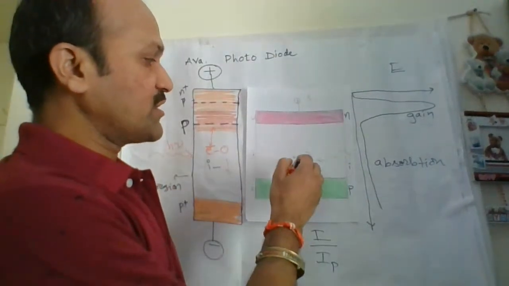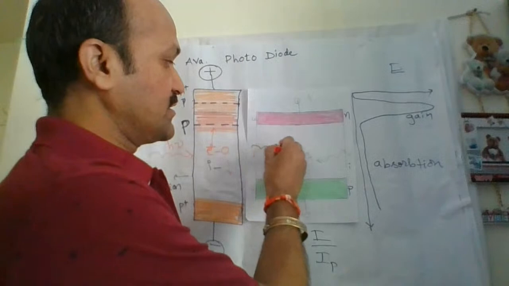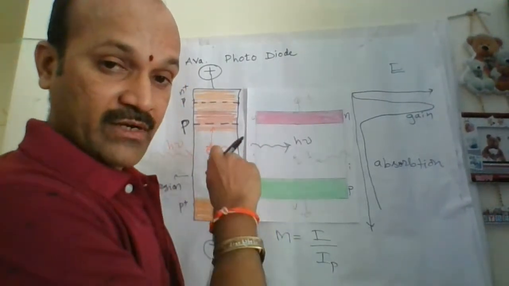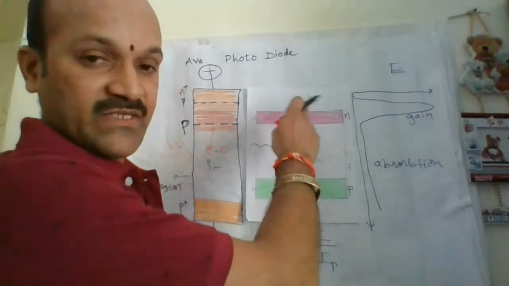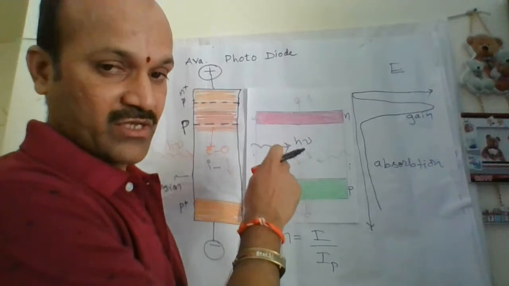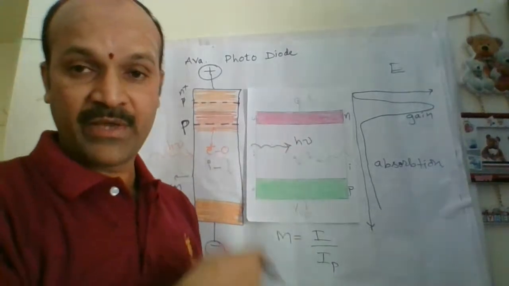When a photon is incident on the intrinsic region, an electron hole pair will be created.